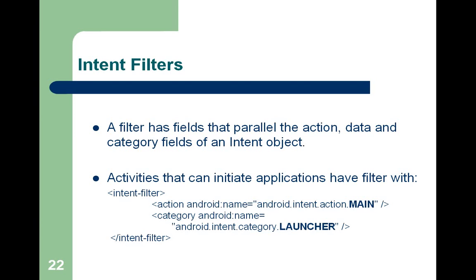For example, you have an application with 4 activities A, B, C, and D, and you want that whenever your application gets launched, activity B should be launched first. Then activity B may flow to other activities. So you have to have an intent filter which specifies for this activity action as main and category as launcher. Based on this, Android system knows this is the first activity which has to be launched.